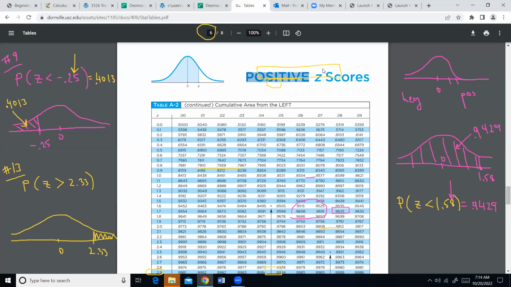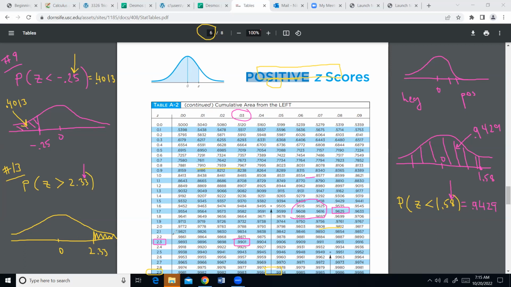So we need the row and the column, right? So for the column, I have 300s. Okay, so 3.00. So notice it doesn't matter, greater or smaller. All I can do is find 2.33. So I go for 2.3 with the row and another 3, or 0.03, with a column.